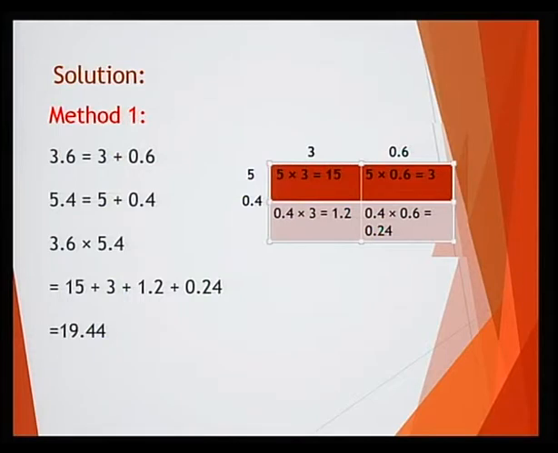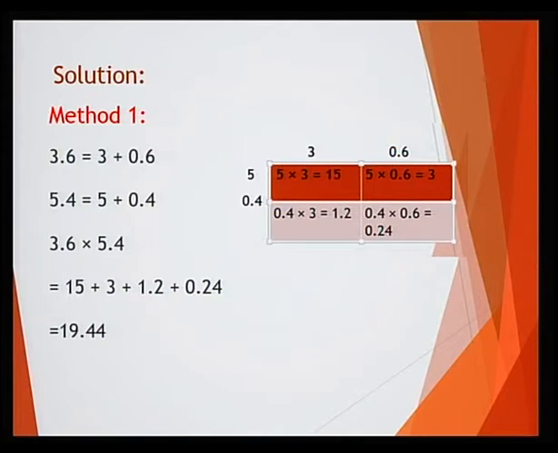So you can see that we have multiplied 5 times 3, 15. 5 times 0.6, which is 3. And then 0.4 times 3, which is 1.2, and 0.4 times 0.6, which is 0.24.